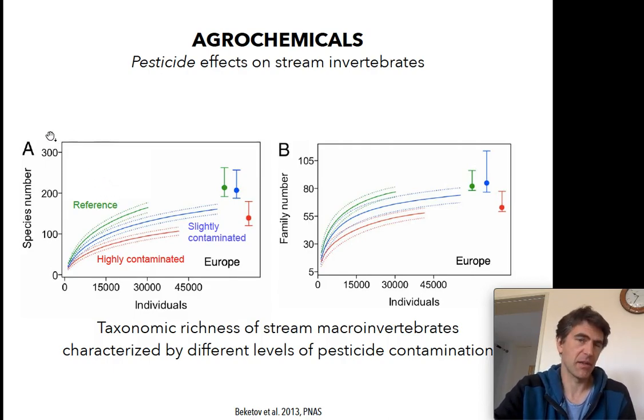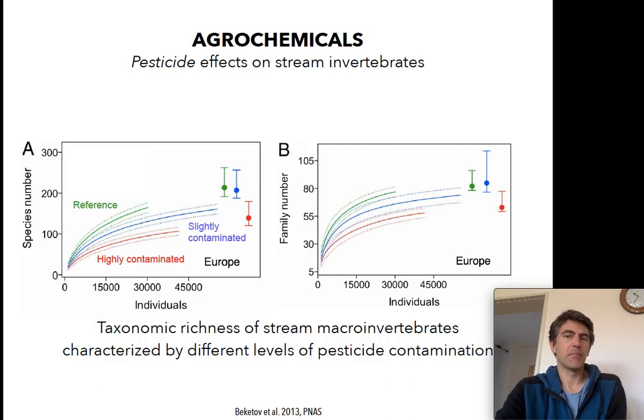So that was the story of fertilizers. Now we can also look at pesticides. That's the other main kind of agrochemical. If you have pesticide contamination, that can also affect lots of different communities, including in the water. So highly contaminated streams, in this case, you can see have fewer macroinvertebrates than slightly contaminated or not contaminated streams.